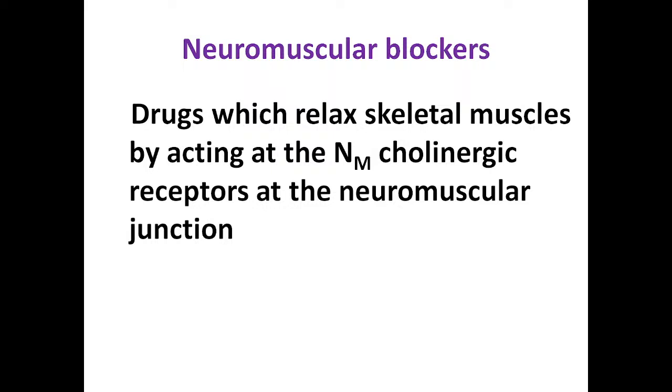Nicotinic M. What does M stand for? The muscles. So again, that is not difficult to remember. They act at the neuromuscular junction, I won't even say blocking, as we'll see, by acting at the nicotinic M receptor at the NMJ.